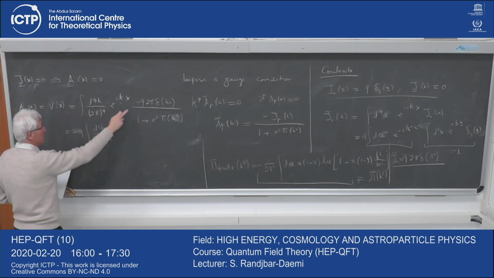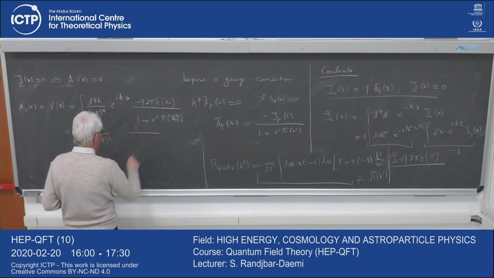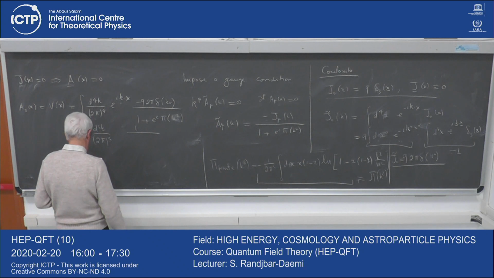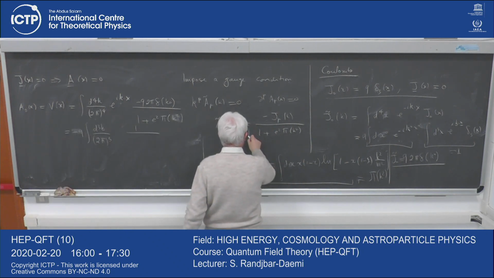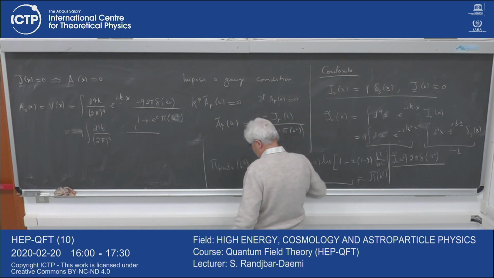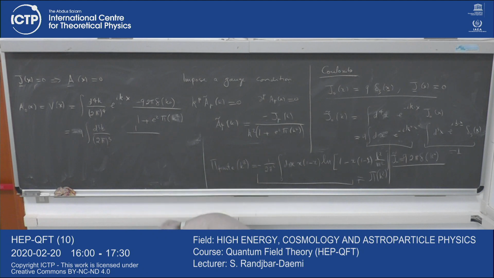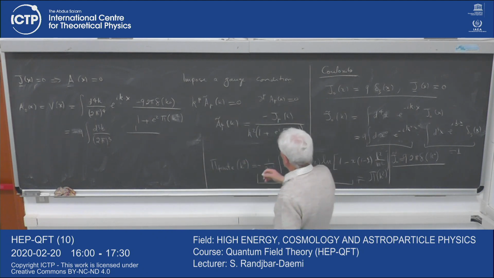minus q from here times, I'm sorry, you did not stop me. I should have put a k squared here when I was inverting that equation. Because the equation was k squared times, you remember what the equation was.